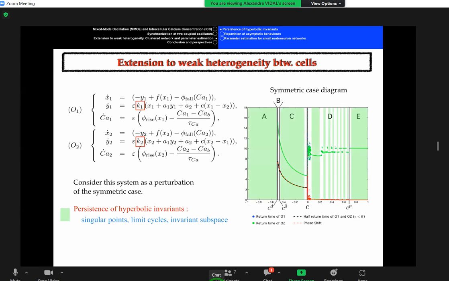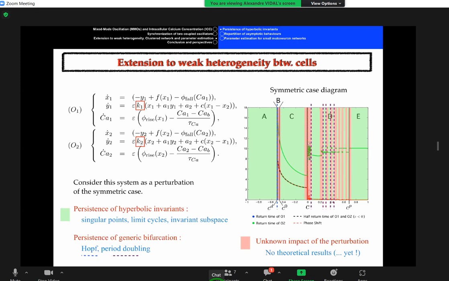We know exactly what happens in all the gray area, the green area that we have here. Close to the transition between different behaviors, it's much more complicated. But in here, we know what happens exactly. And we also have the persistence of generic bifurcations, meaning Hopf, period doubling, and so on. So in the case of weak heterogeneity, we have proved that almost the same behavior can happen.